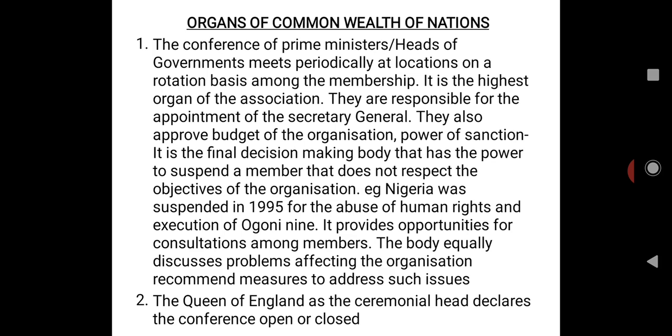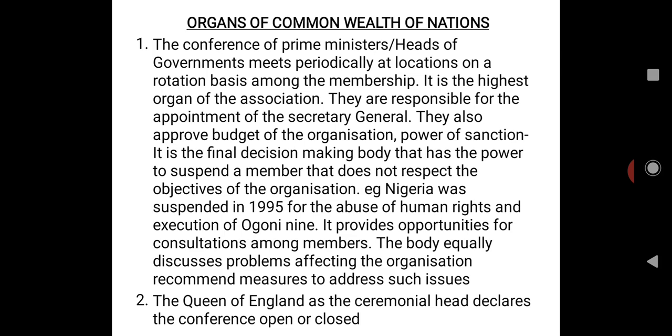They also approve budget of the organization. They have power of sanction. This organ has the final decision. It is the final decision-making body.